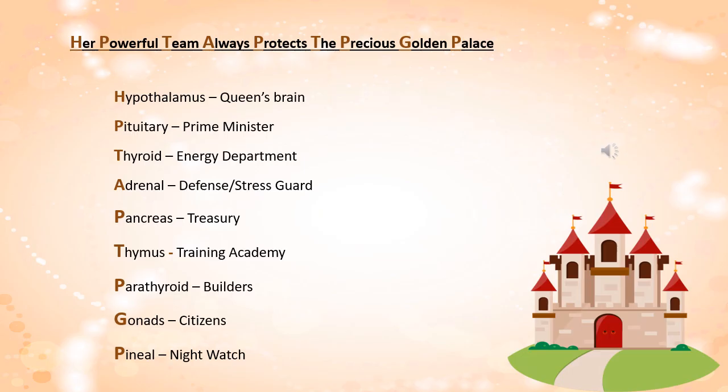Your thymus, our training academy, prepares the immune soldiers, which are our T cells, to identify and fight off invaders. And then the gonads, representing the citizens, create hormones that guide development, reproduction, and identity across the lifespan. And then when night falls, our pineal gland, which is our night watch, signals when it's time to rest, restoring balance and resetting the rhythm for the day.